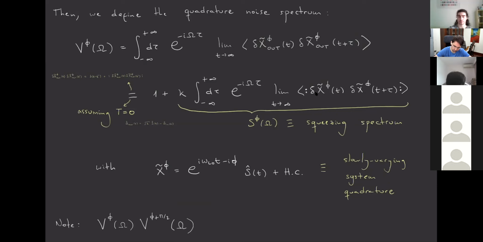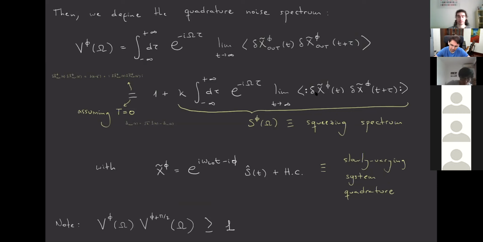So if you consider the product at the same frequencies of the quadrature noise spectrum of two orthogonal quadratures, so the position and the momentum, for example, this has to be larger or equal than 1 for any field, doesn't matter which one. So this is a physical property, just like the uncertainty principle for a single mode or for a mode of a cavity.